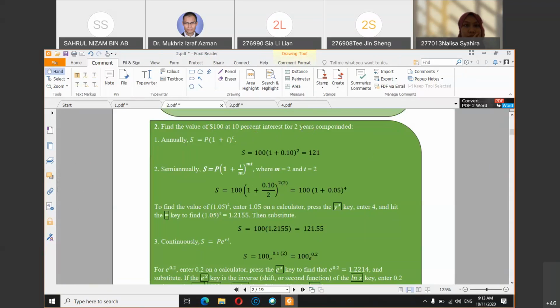Compounded means that after 1 year, whatever money you have in the bank will be used, so the following year the dividend will be based on the first year's value. That is what compounded means.